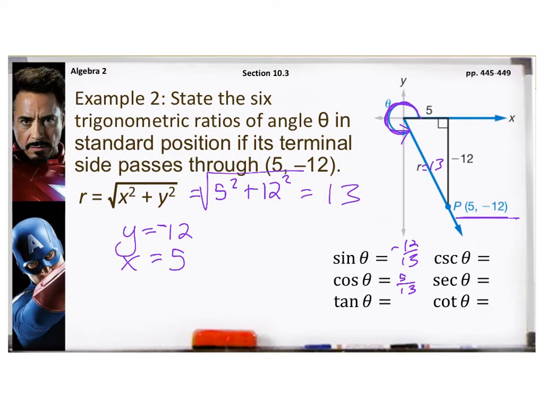Tan is y over x, so I have negative 12 over 5. And now I just flip these for the other terms. So cosecant is going to be negative 13 over 12. Secant is 13 over 5. And cotangent is negative 5 over 12. Okay, so that's all my values.